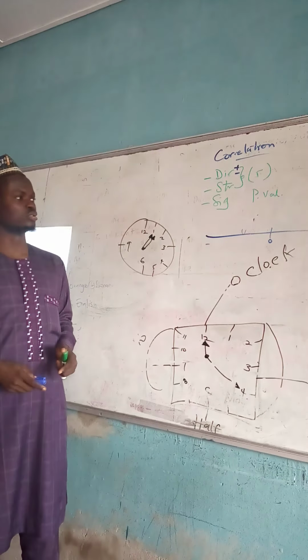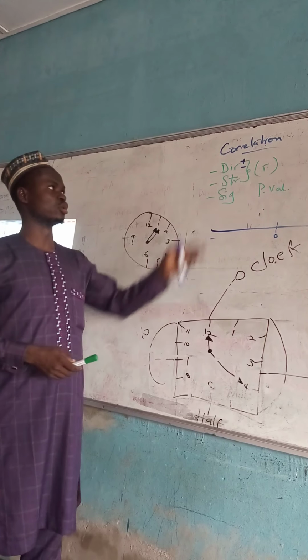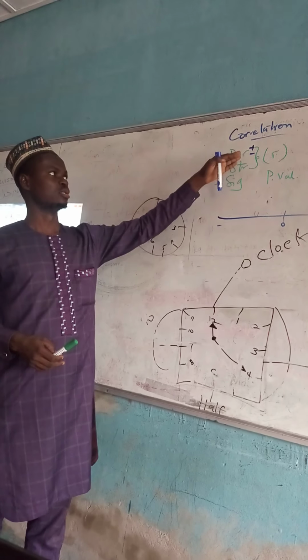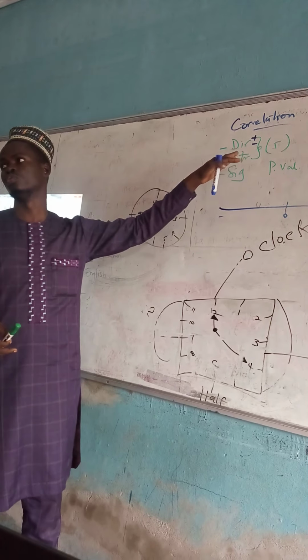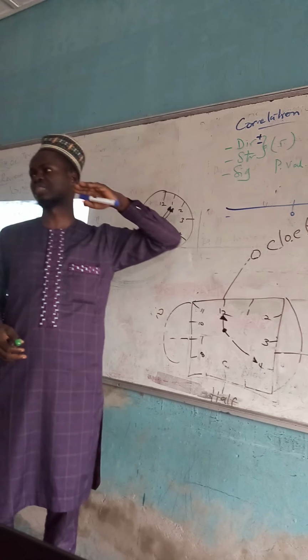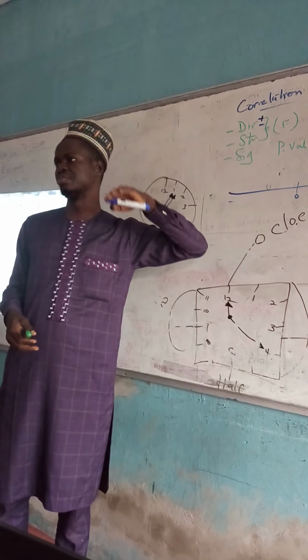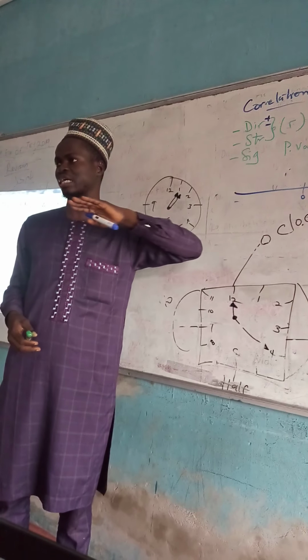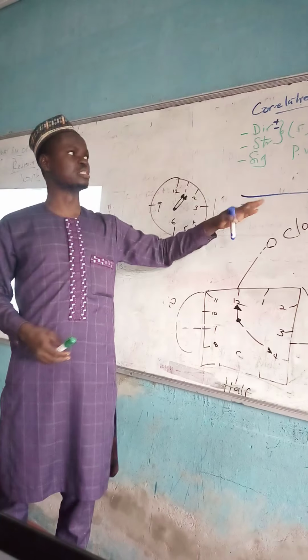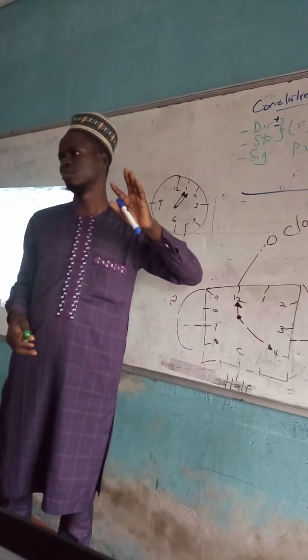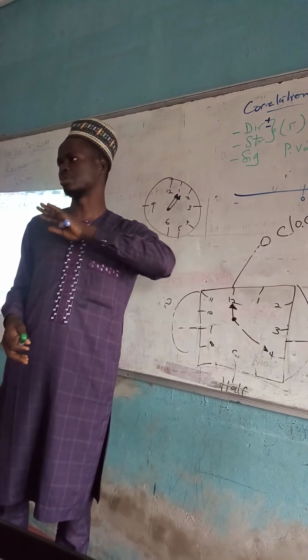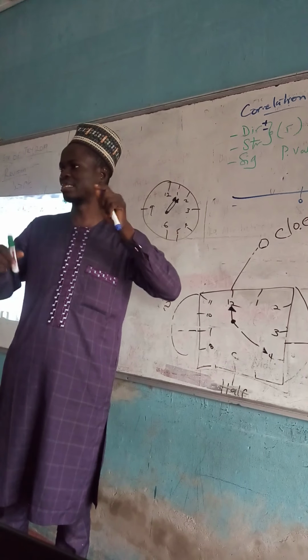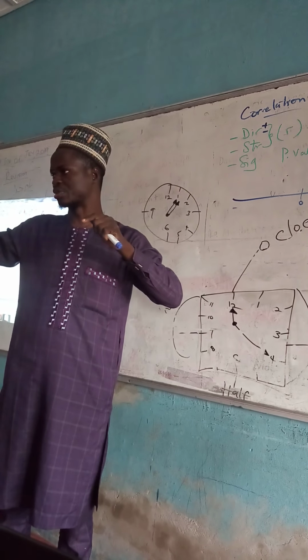So the same thing is applicable in correlation analysis. When you get your R, if your R value has a negative sign against it, that means the relationship is negative or inverse or indirect. But if it is not having any sign, that means by default it is positive. So that means there is a potential plus there.